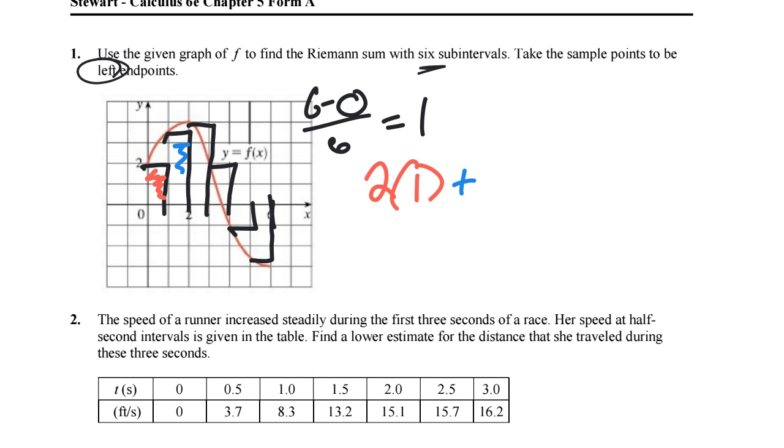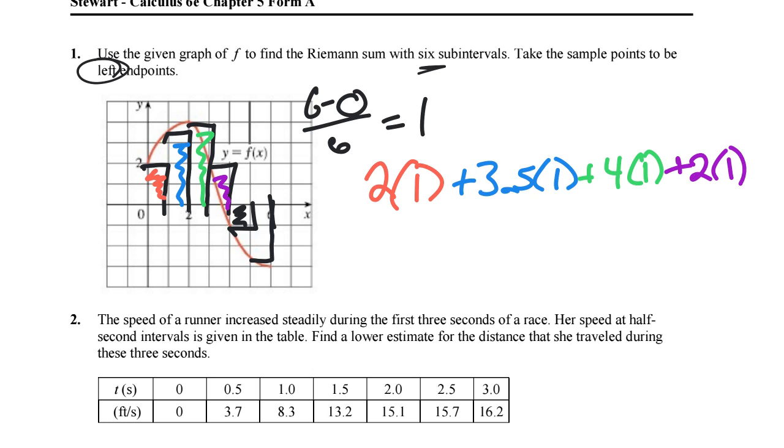Plus, the next one, the height is about 3.5 times 1. And the next one, 4 times 1. And then we'll go to the next. 2 times 1.